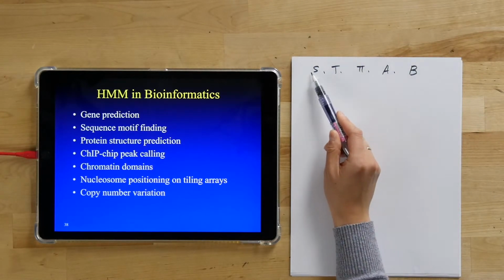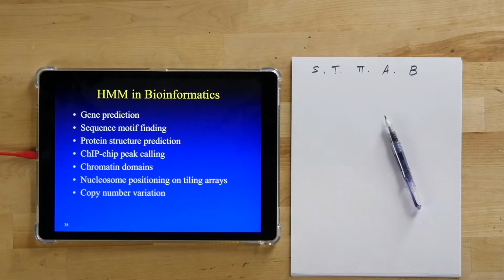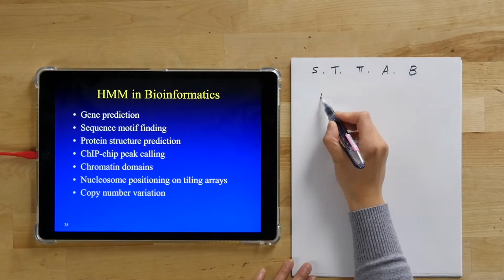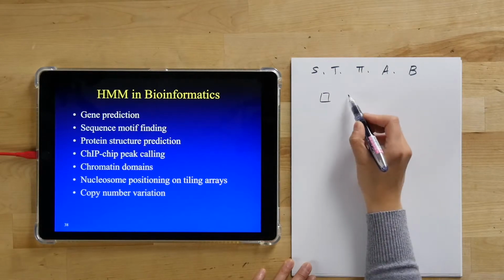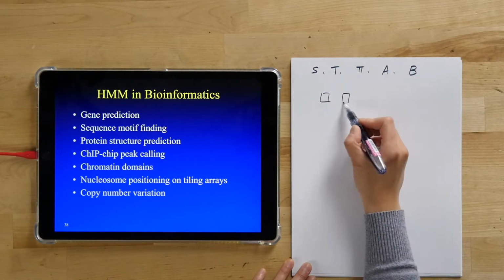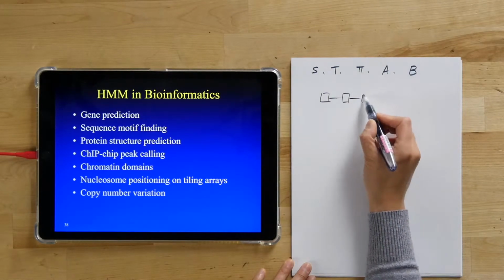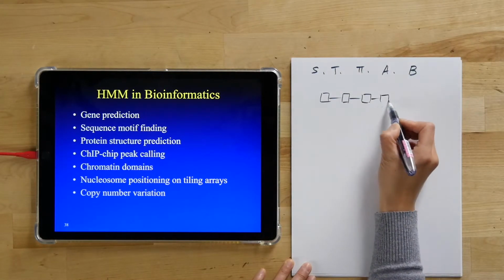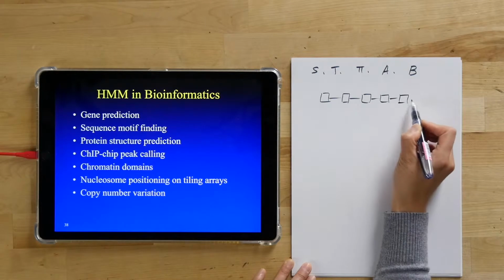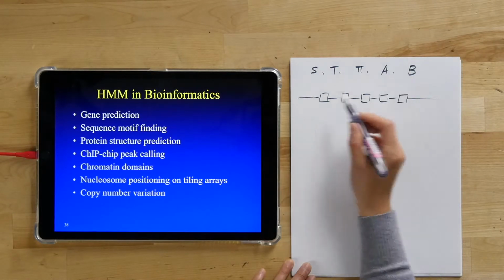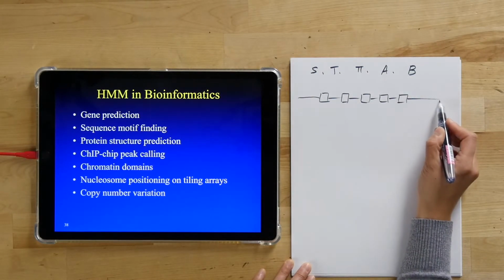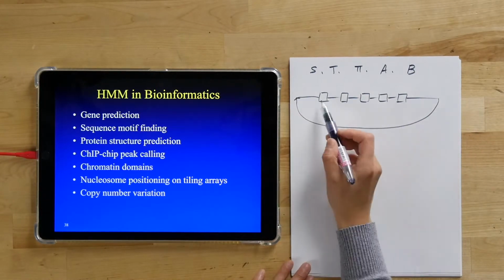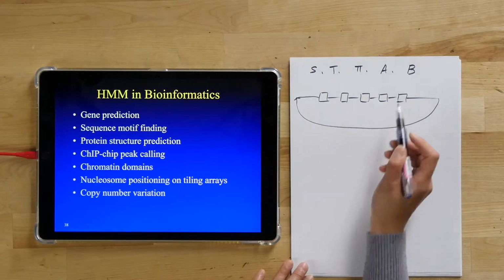So the hidden states in gene prediction: for a gene, there's usually a first exon, then there are intermingled introns and exons, and then from there it goes to some intergenic region. And then hopefully you will start another gene which has exons, introns, and so on, right?